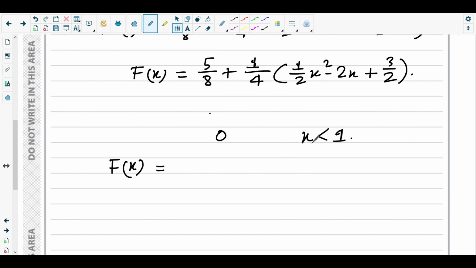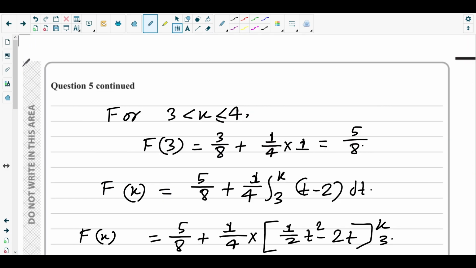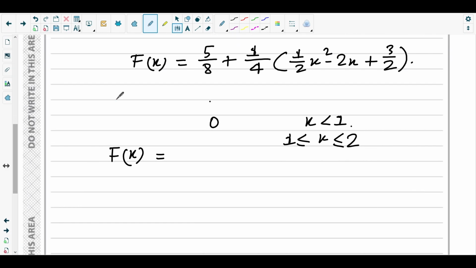Then for x greater than or equal to 1 and less than or equal to 2, it is the equation that we found, given in the part A question, which is 1/4 times (3x minus x squared over 2), minus 5/8.